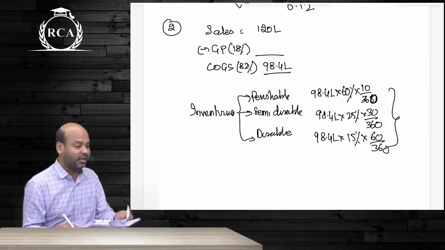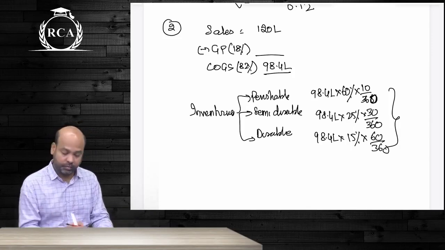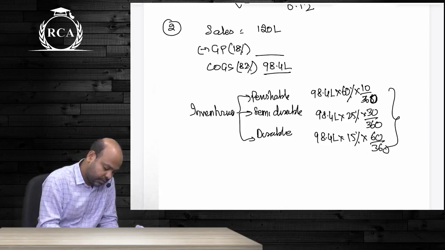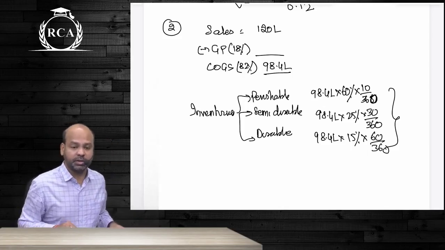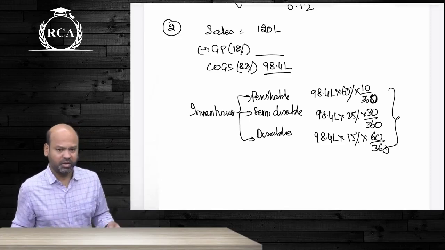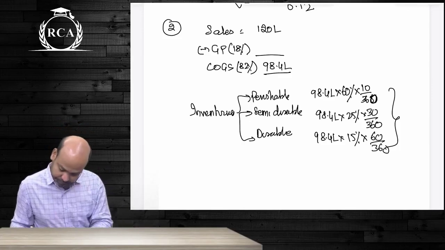There is no point writing inventories separately. Assume 360 days in a year. Multiply and tell me the final answer. Six point.